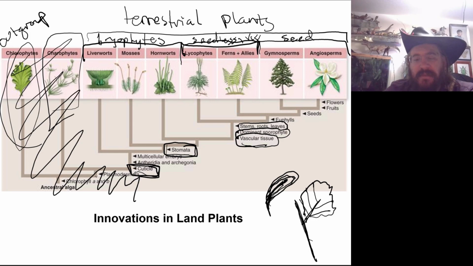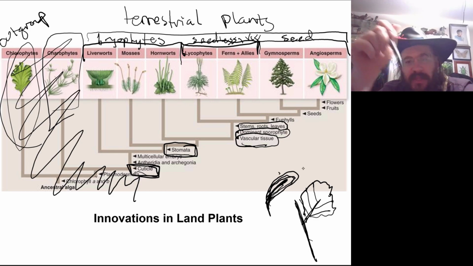So one stem, multiple stems and branches. That's microphyll, megaphyll. So we could ignore euphyll, but just a reminder of the term that we did use, microphyll, megaphyll, and what they were about. I'm not inserting them onto this.